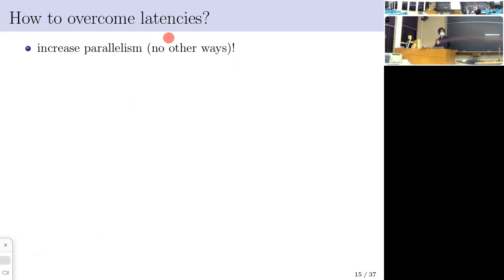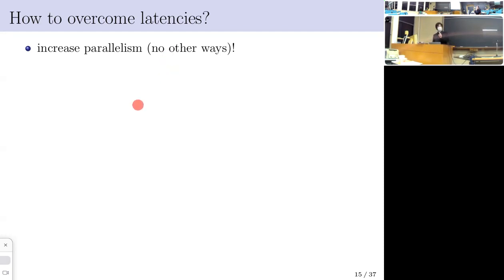The answer is very simple: just increase the parallelism, and no other ways. The important thing you have to know is that even if you desperately ask the processor, I want to make this loop run faster, as long as you have only a single x equals x plus b, there's no way you can run this particular loop faster than 4 cycles per iteration.